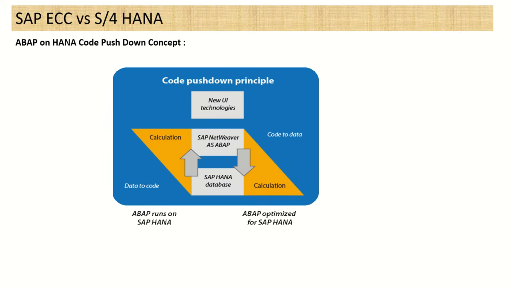And as a technical consultant, there is a code pushdown concept which we can use in the S4 HANA system. It is too early for a beginner to know what code pushdown is, but just for knowledge, I will explain. In ECC, there is a three-tier layer: the database, the application server, and the GUI.